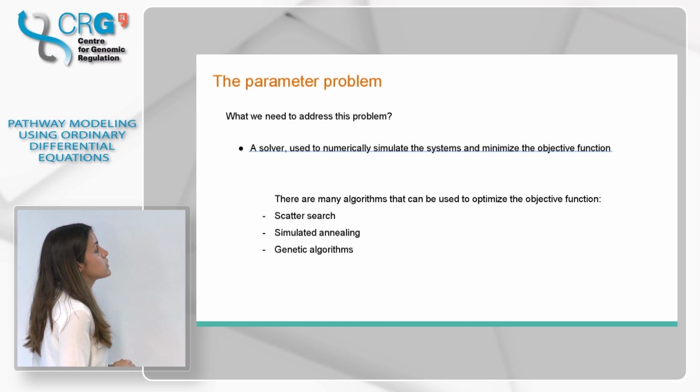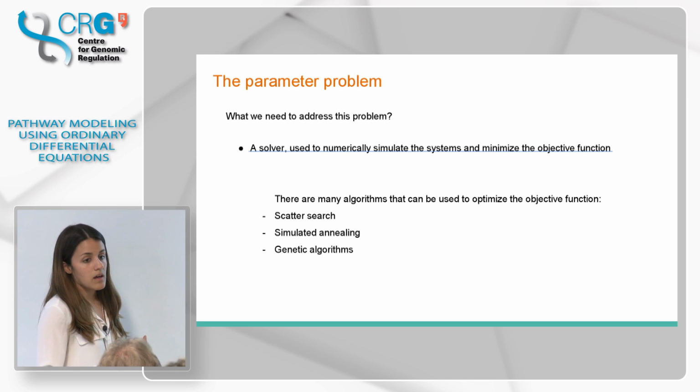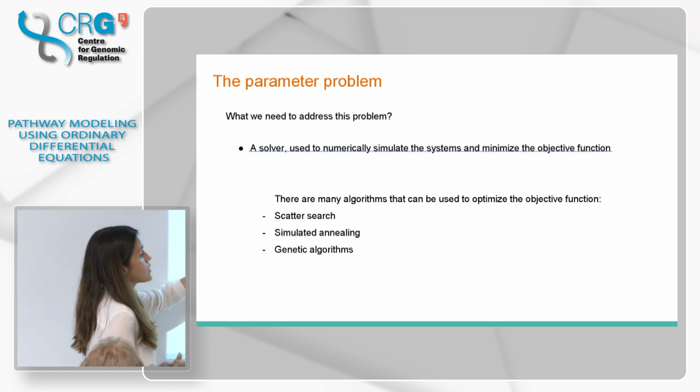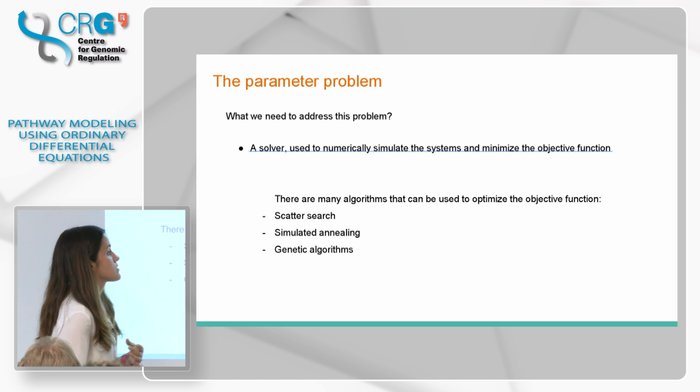And finally, we need a solver, which is an algorithm that is going to simulate our system of differential equations and try to find a set of parameters that minimizes the objective function.